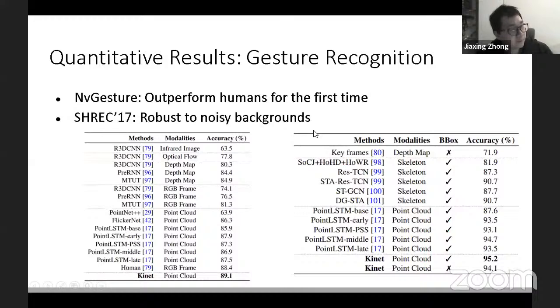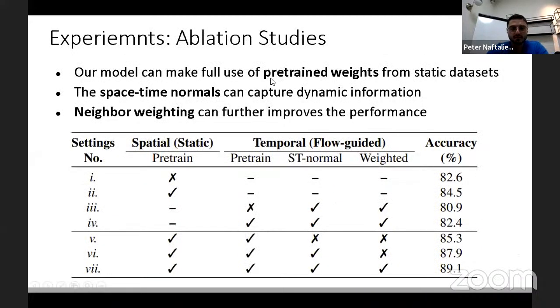Yeah, and we also compare our model to the state of the arts. Can we look at the ablation studies again? Yeah, please. So actually what we see here is that spatial static with pre-training without temporal has higher accuracy than the temporal, right? Like 0.1 and 0.4.